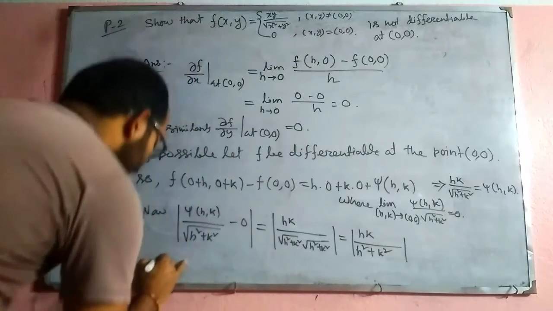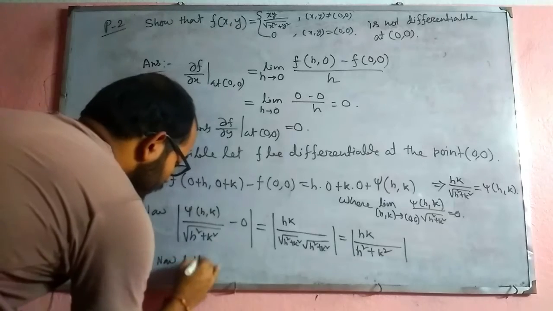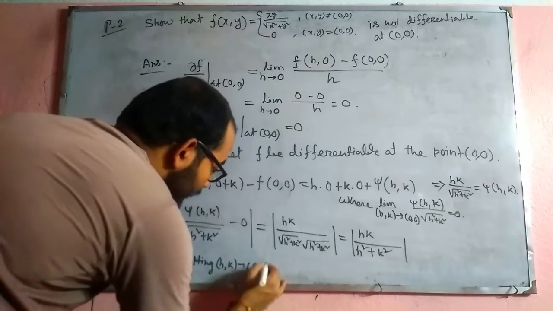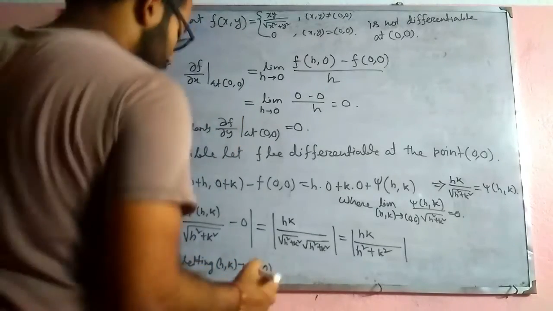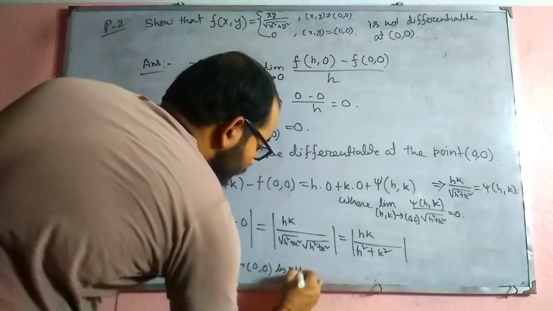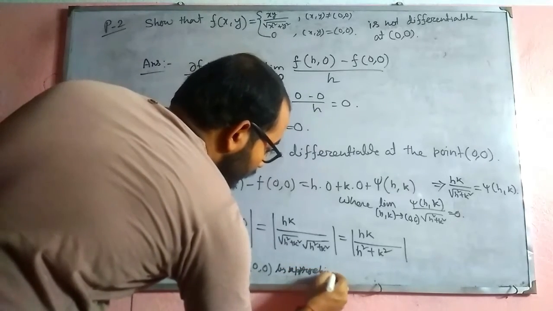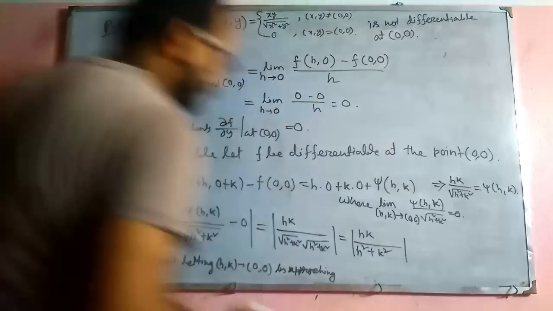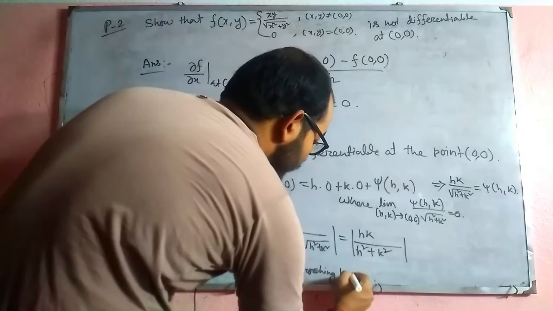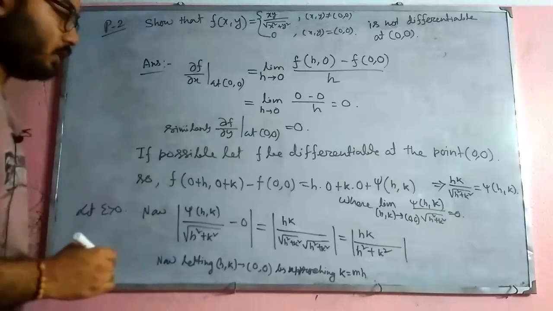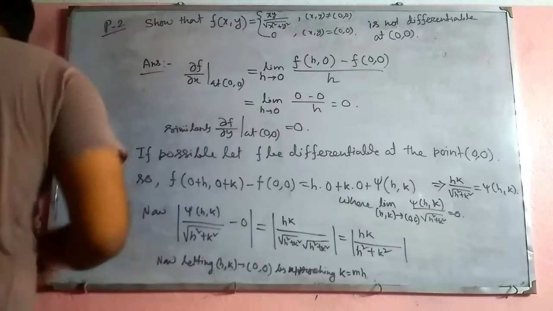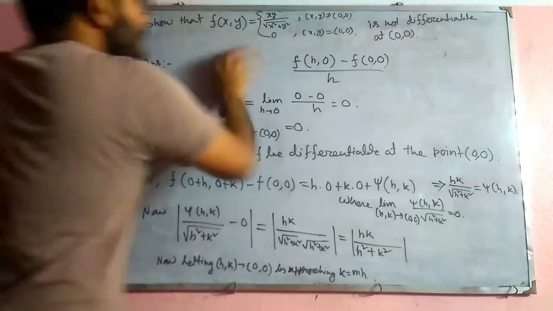So now, letting h comma k tend to 0 by approaching along k equal to m h. So we have to erase these lines.